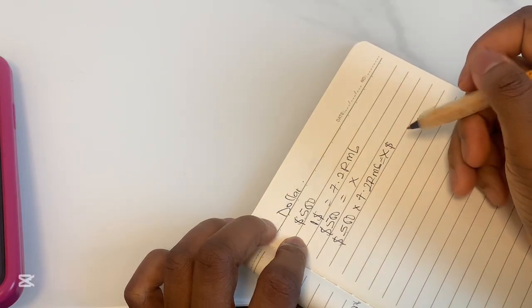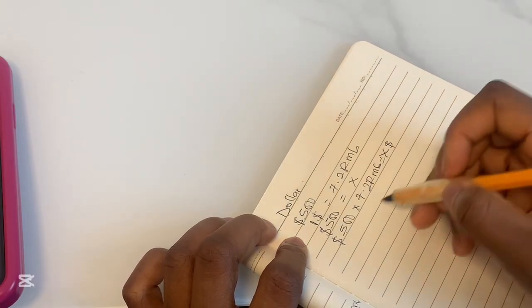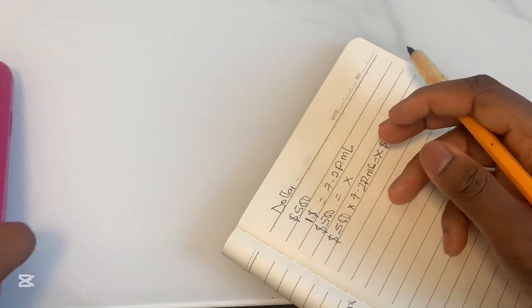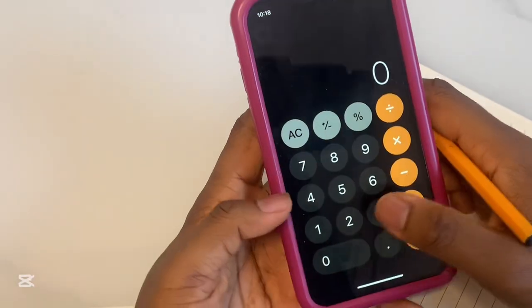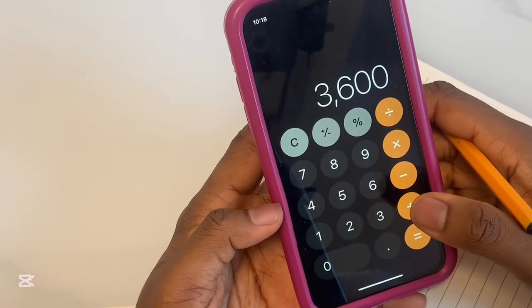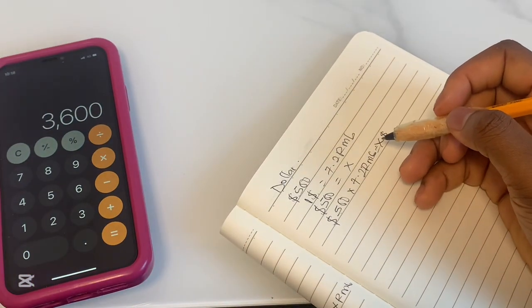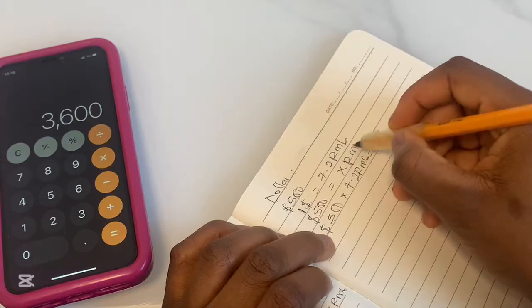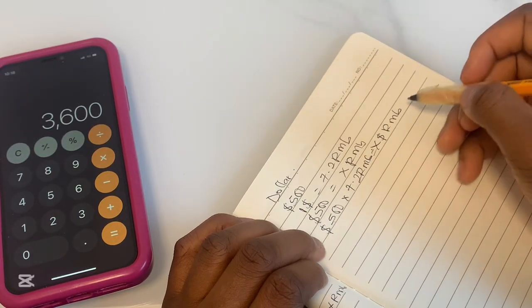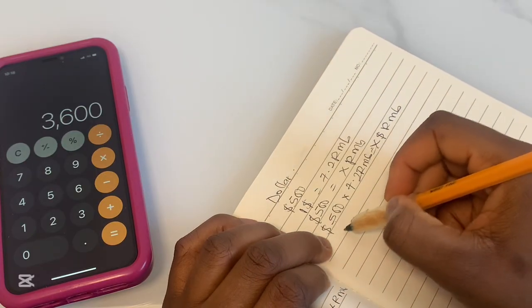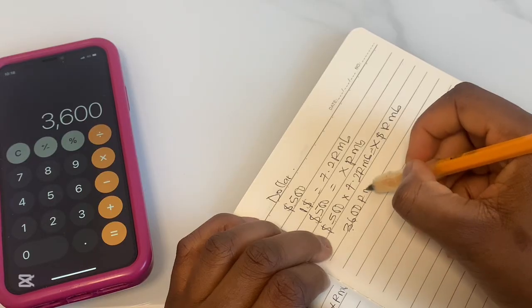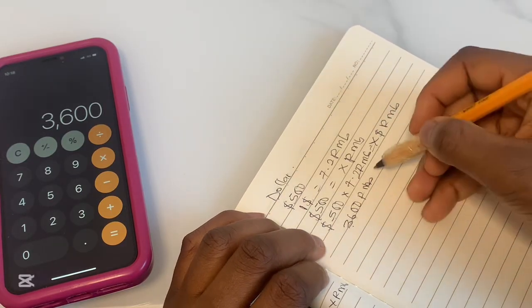So you just multiply 500 by 7.2, and that will give you 3,600 RMB.